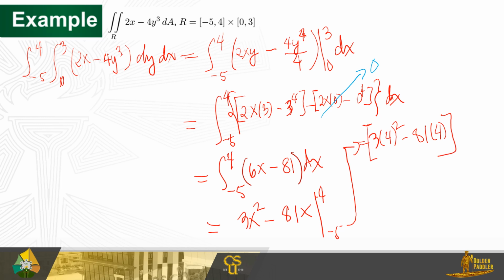So minus 3 times -5 squared minus 81 times -5. So i-evaluate lang natin yan using our calculator. Pag evaluate natin to, magiging -756 yung answer, using our calculator.